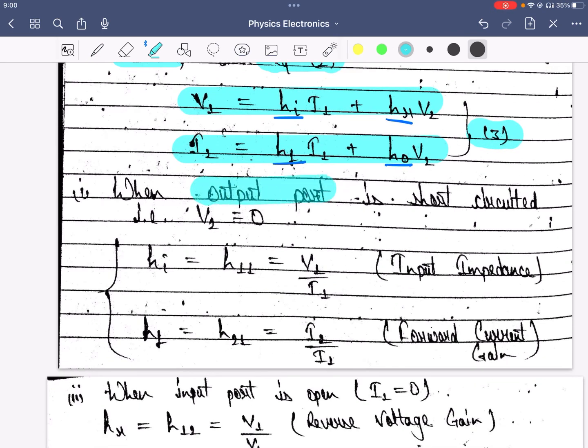When output port is short circuited, that is V2 is equals to 0, HI is equals to V1 by I1 and is known as the input impedance and HF is equals to I2 by I1 and is known as the forward current gain.